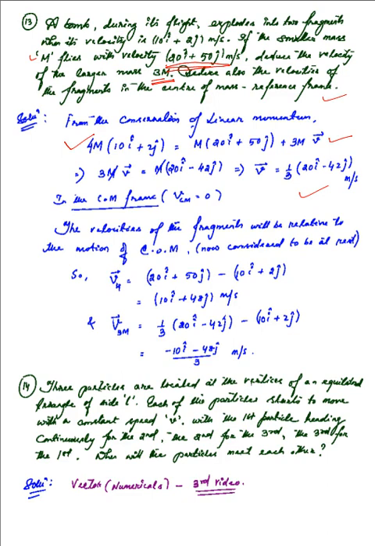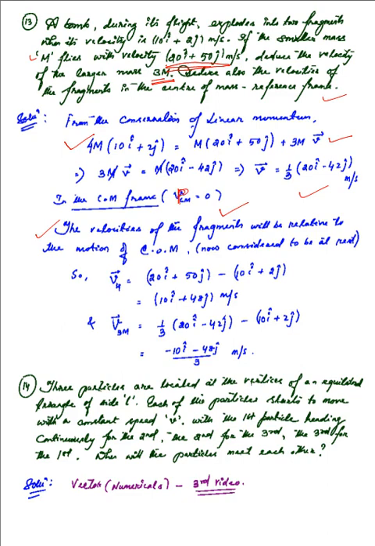Now in the center of mass frame, which is the zero momentum frame, the velocities of the fragments, that is what I have written over here, will be relative to the motion of the center of mass. Now the center of mass obviously moves with that velocity. It's actually PCM, not VCM.